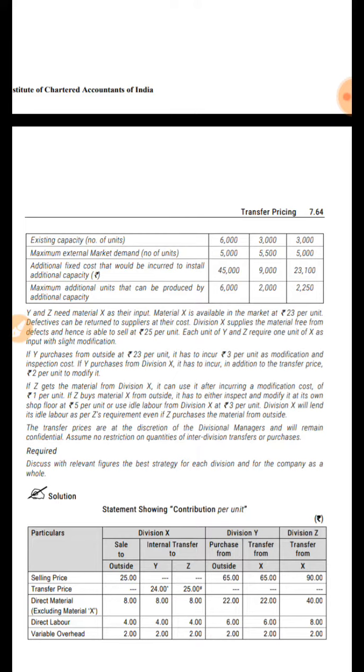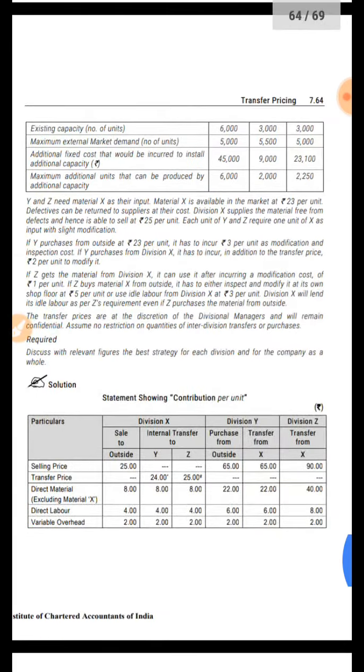And if I purchase from division X, it has to incur, in addition to the transfer price, rupees 2 per unit to modify. So if it is getting from division X, 25 rupees plus 2 rupees to modify, so 27 rupees is going. Whereas externally, if they are purchasing, only 26 rupees is going.